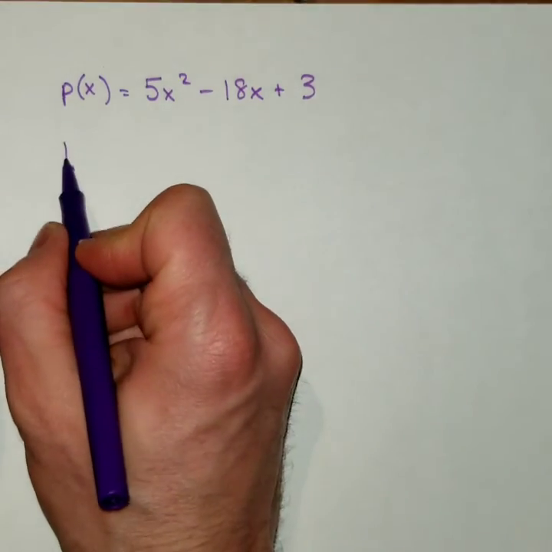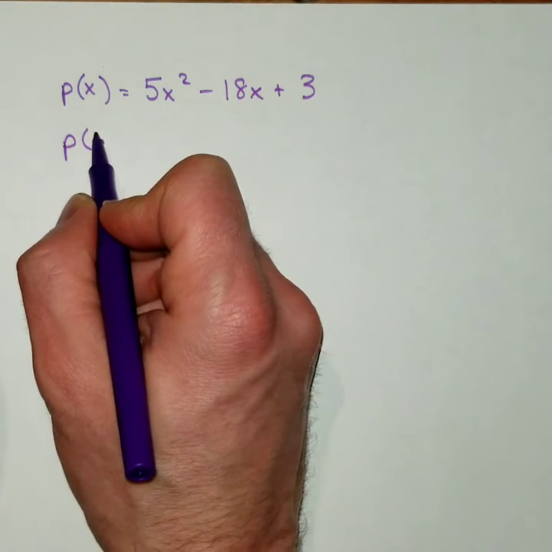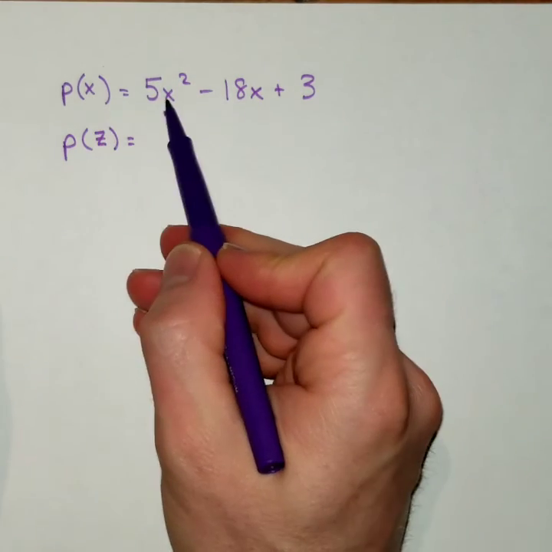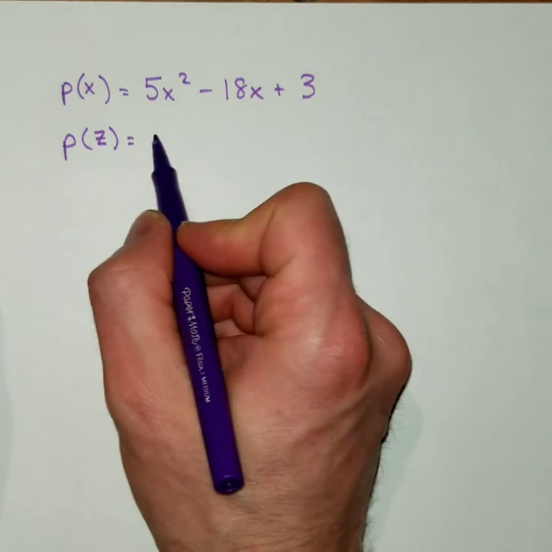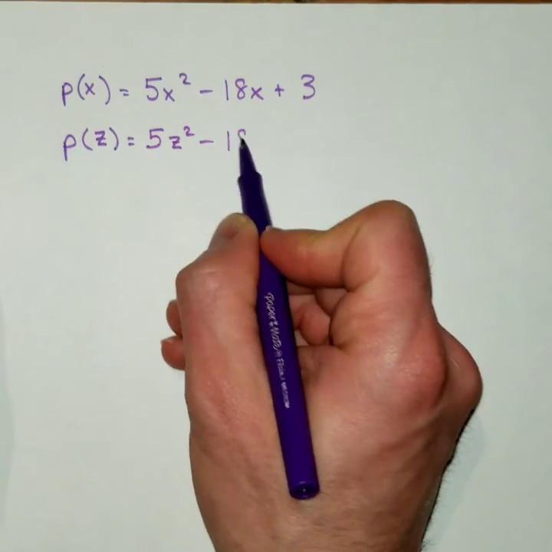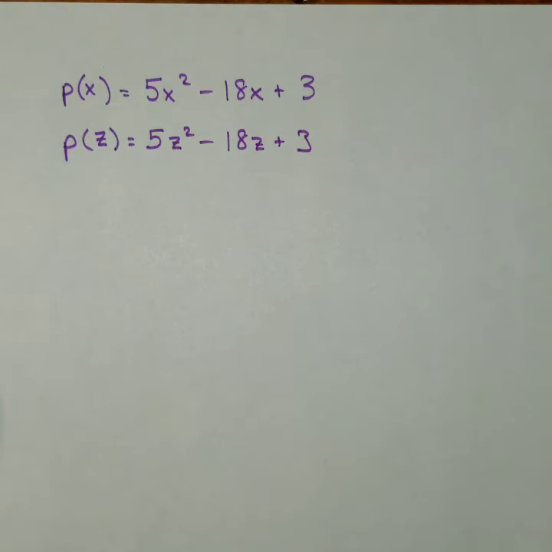And let's find p of z. Well, then p of z, all you do is replace all the x's with the z. The input is z now. So you get 5 times z squared minus 18z plus 3, and that's it. There's no simplifying involved. It's just that simple.